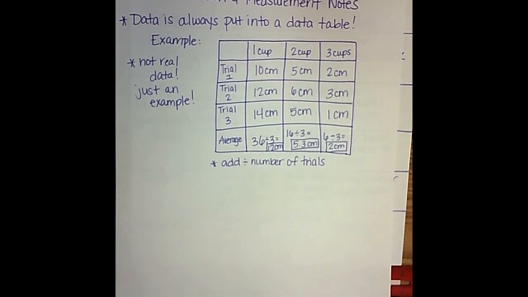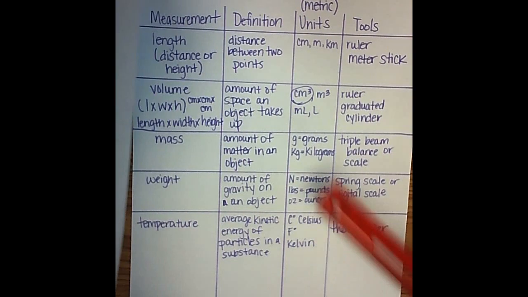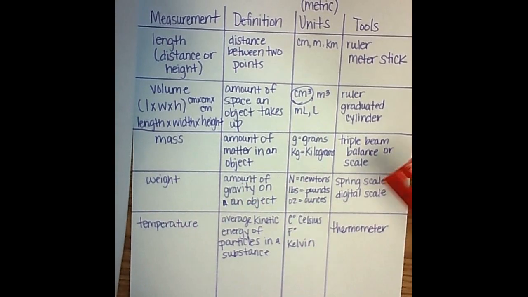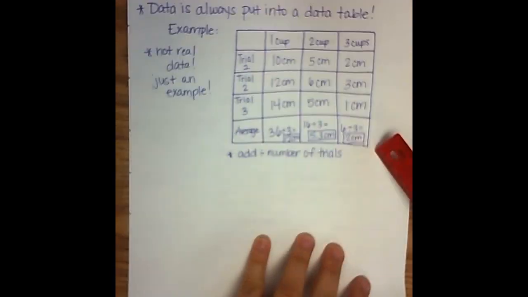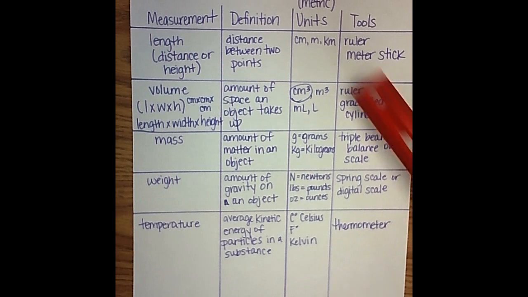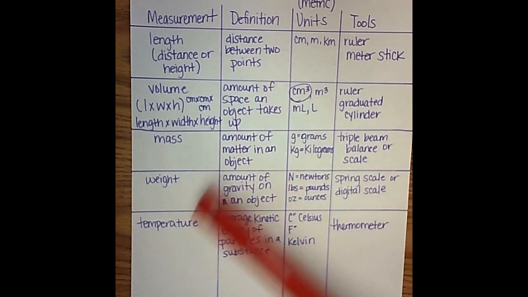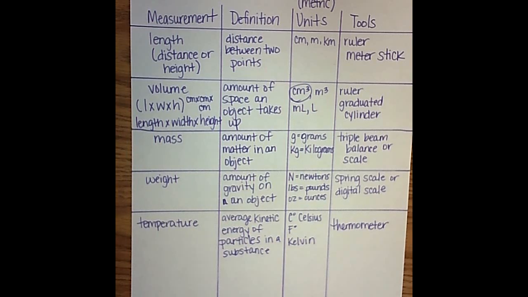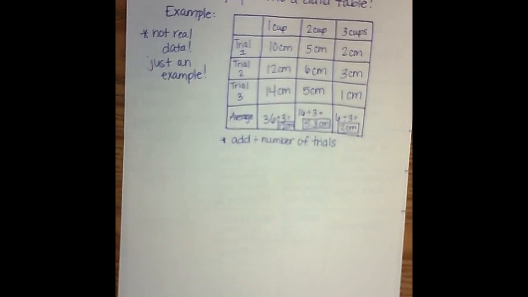So it's super important to make sure that you put your units and that you understand the tool that you're going to be using to measure. Okay, so we talked about a data table. Data is always put in a data table. It's not just written randomly. Okay, and then we need to know that we're using the correct tools, and that we have the correct units, and we're measuring correctly. Okay, all right, so this should be in your notebook for your data collection and measurement notes.